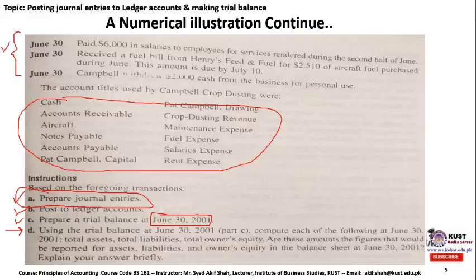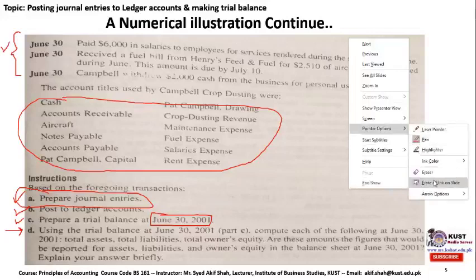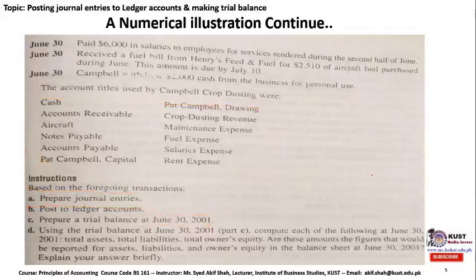So let's see how to do that. We'll go back to the question, thoroughly read the first economic event, and then highlight the relevant account titles available in this chart of accounts.